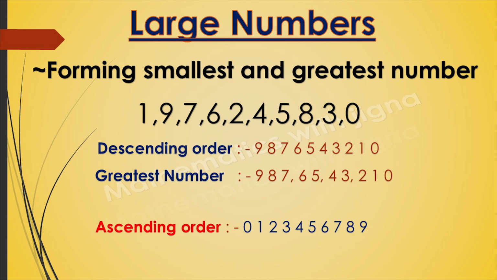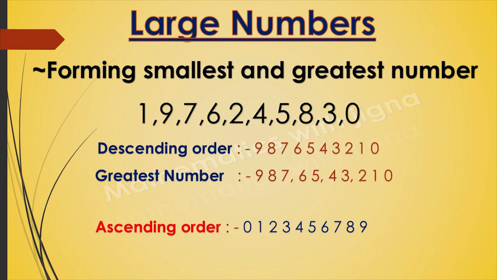And for the smallest number, we arrange the given digits in ascending order. Here, the smallest digit is 0. But we know that we never write 0 in the extreme left position. So start with the next smallest digit, which is 1 here, and write 0 next to it to make the smallest number.